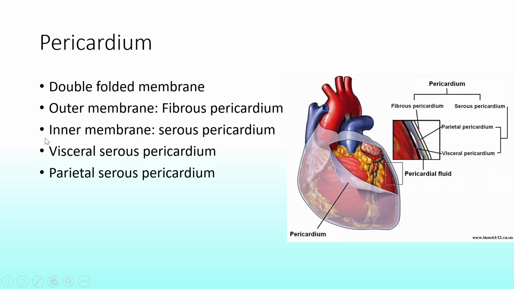So inside, inner membrane, right? We also have the serous pericardium broken down into 2 others: the visceral serous pericardium as well as the parietal serous pericardium. The visceral serous pericardium is right next to the heart and comprises part of the epicardium.